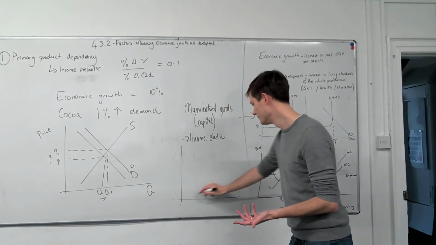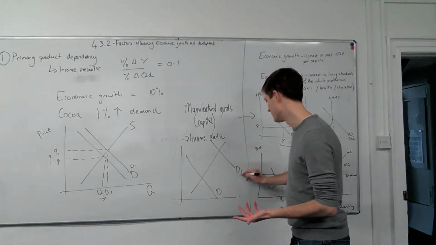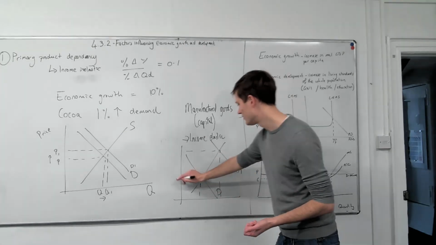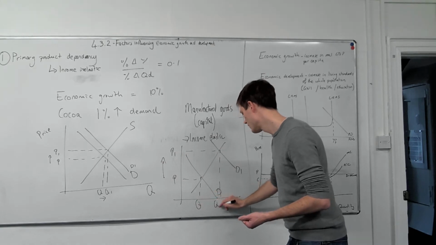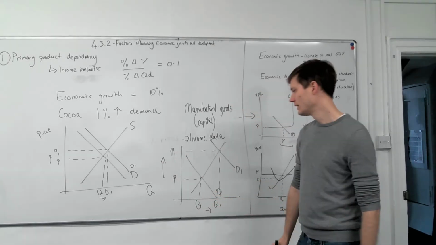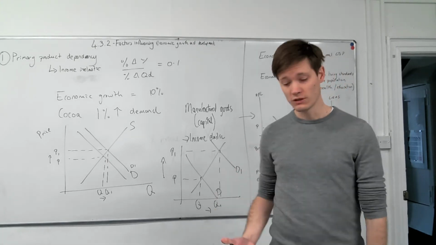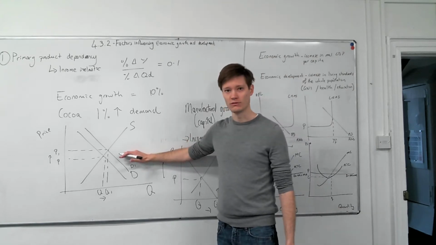For example, we could draw another diagram here. We could show that the demand for manufactured goods is going to rise at a significant rate. That boosts prices very quickly over time, and that means therefore that your import prices, if you're importing these goods, are going up faster than your export prices.